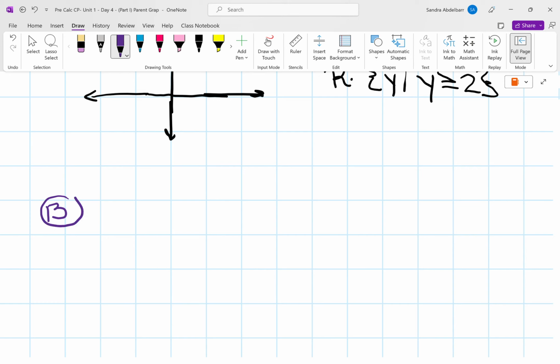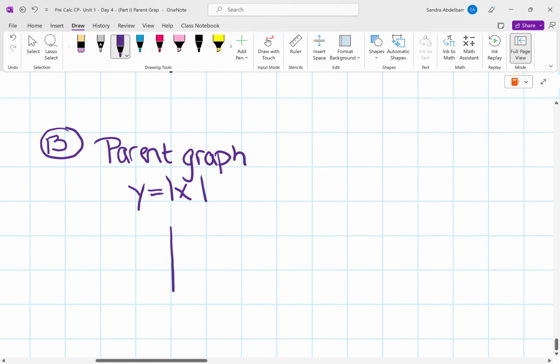Okay. We're going to talk about the translations for the absolute value. So now we know our parent graph is y equals the absolute value of x.